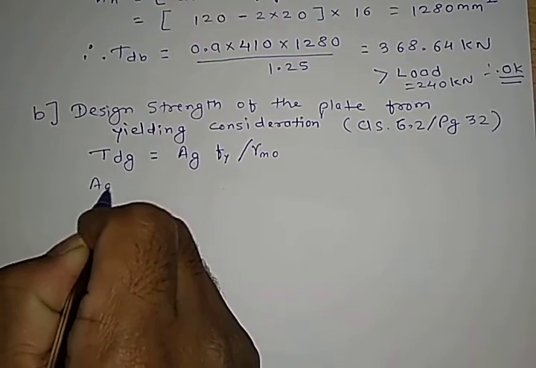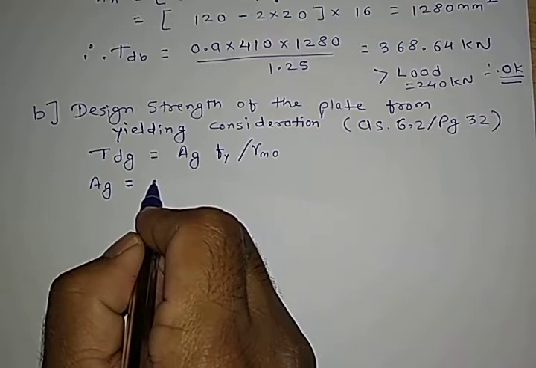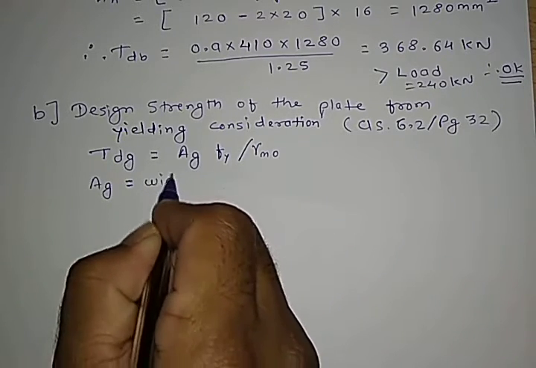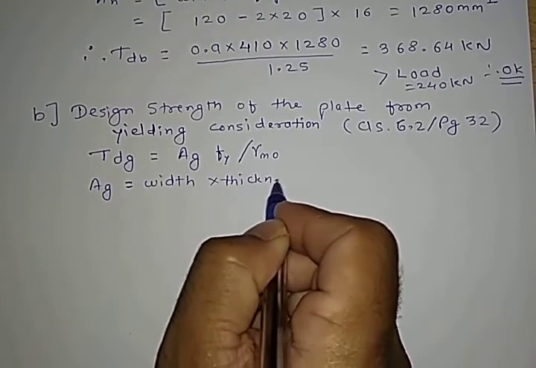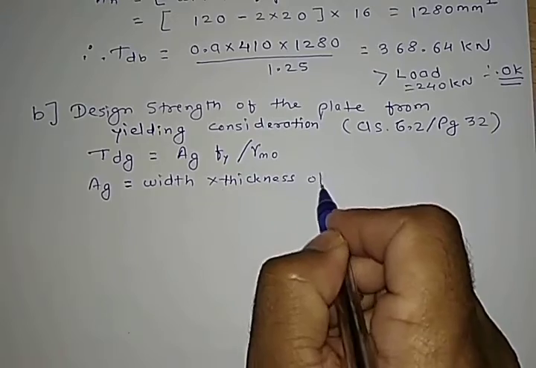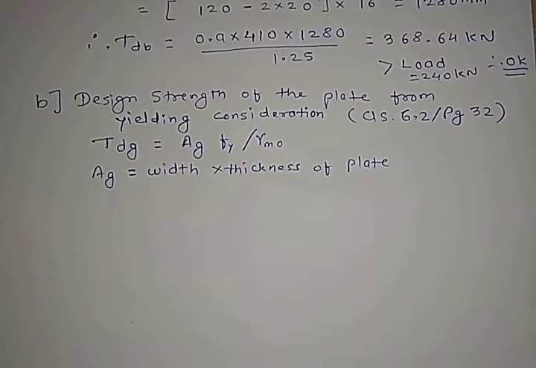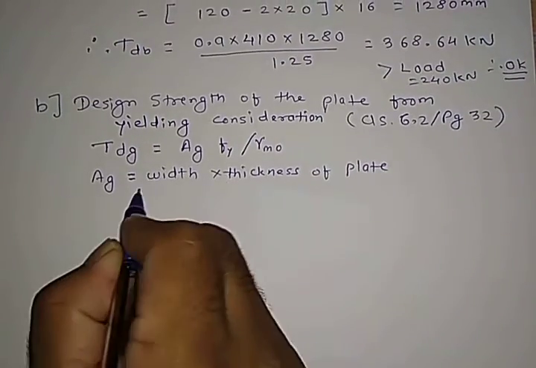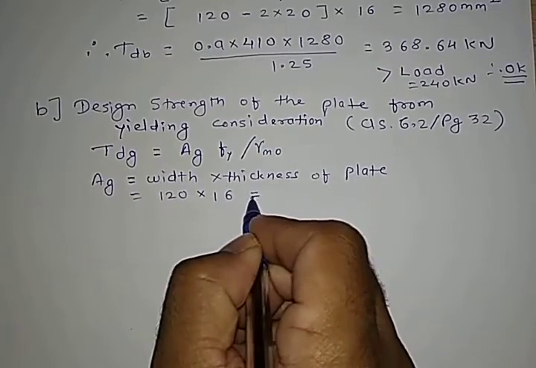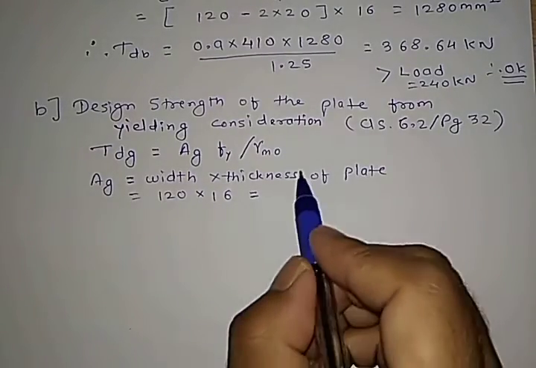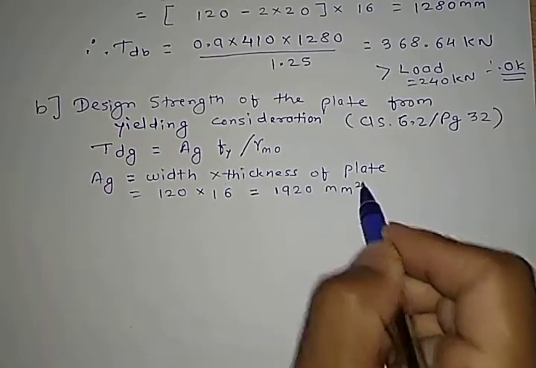As you see, this is the gross area, which equals width multiplied by thickness of the plate. So width is 120 multiplied by thickness of the plate, that is 16. You can calculate here, that comes out to be 1920 mm square.